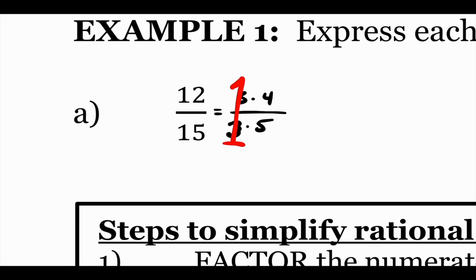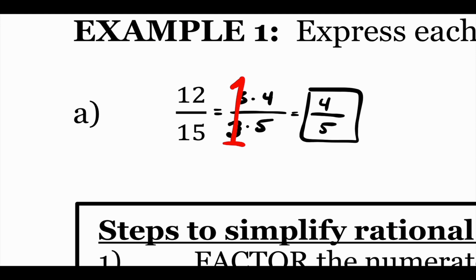Those cancel out, right? They don't cancel out. They're still there. But I call them giant ones. They're shared, right? Because 3 divided by 3 is 1. So now on top, we have 4 times 1. On bottom, we have 5 times 1. And there you go. You just reduced the fraction.